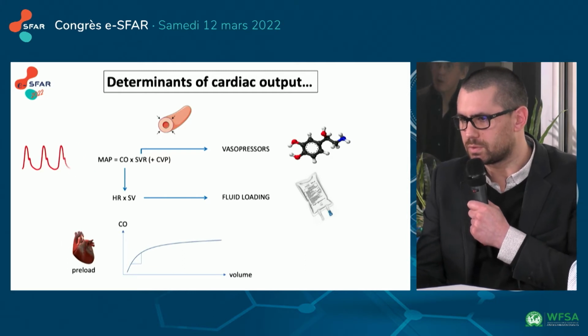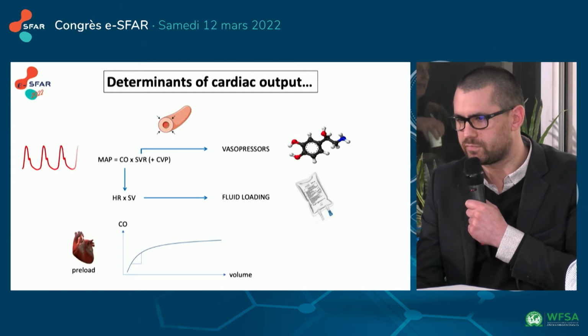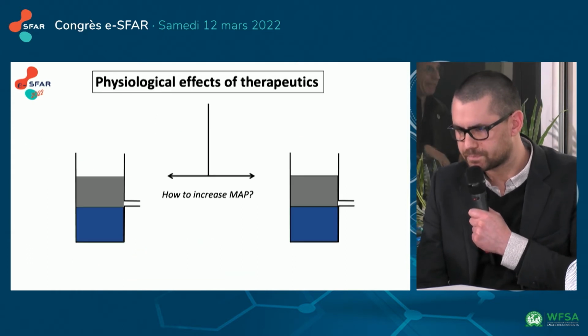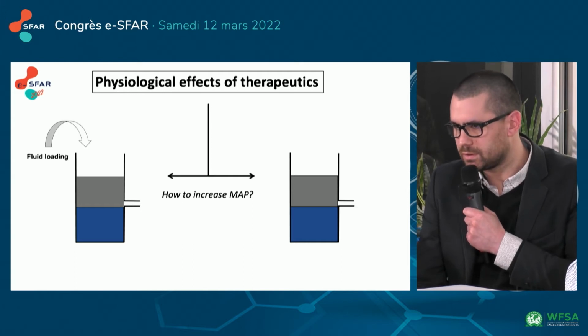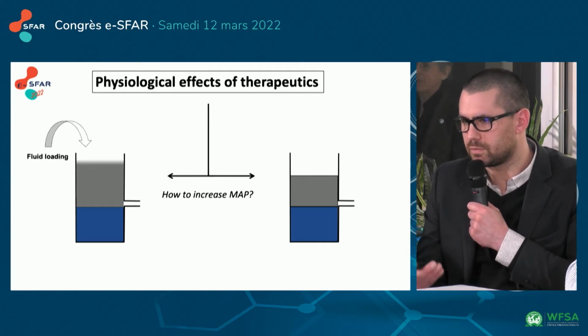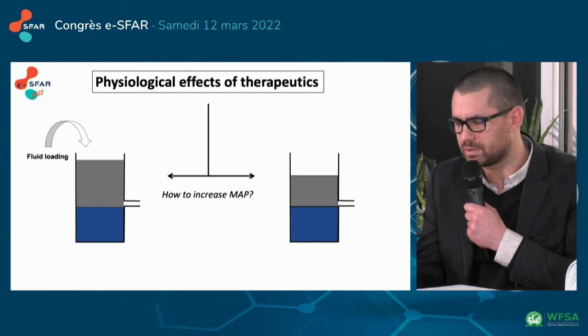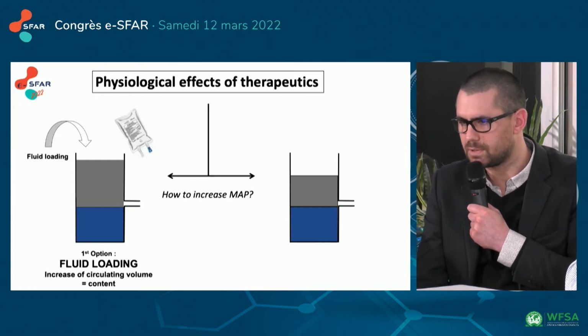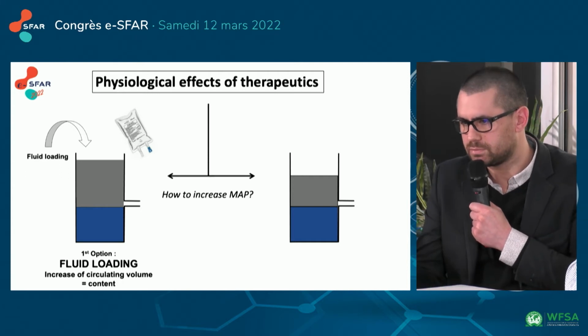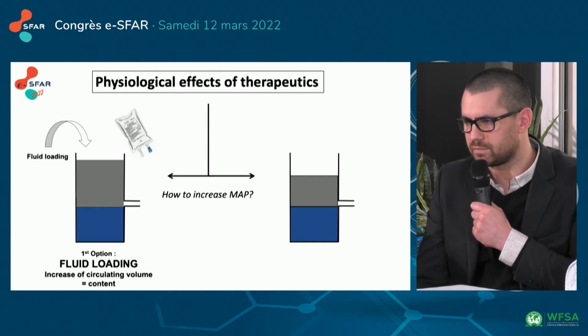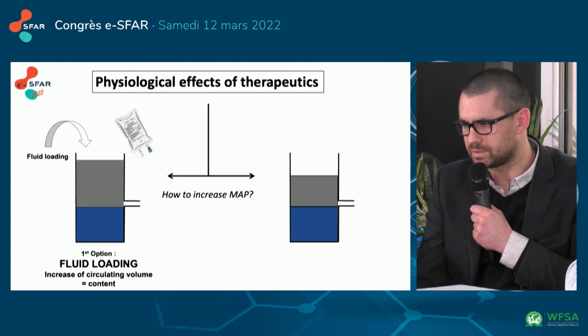And you all know the Frank-Starling concept of preload dependency. How does it work? When you do some fluid loading, you can increase the filling pressure within the vascular system, and you modify the circulating volume of blood, of fluids, within the vessels, so you can modify the content.